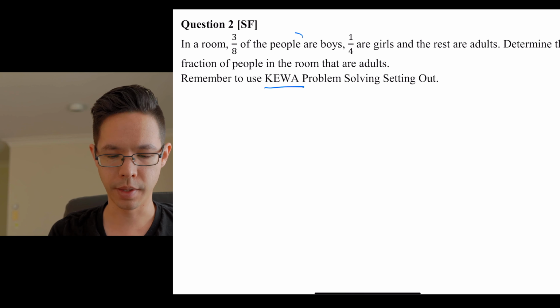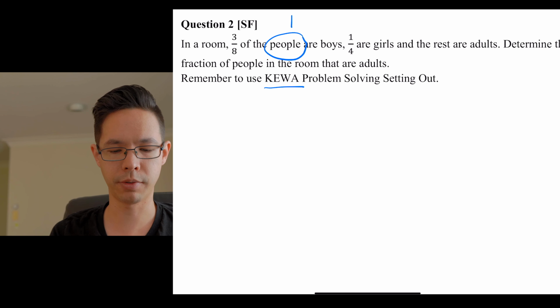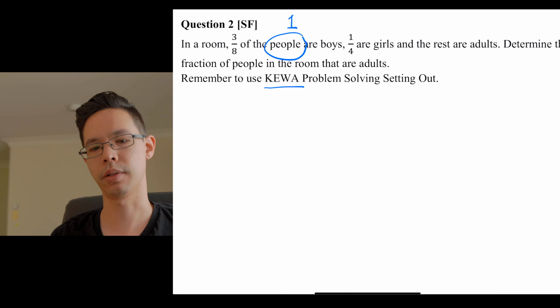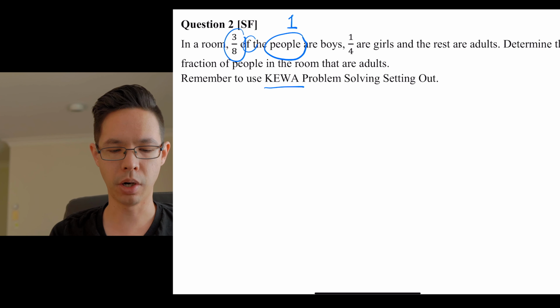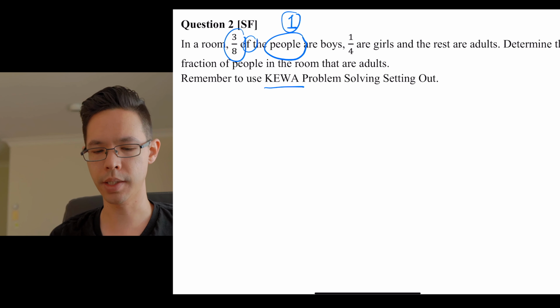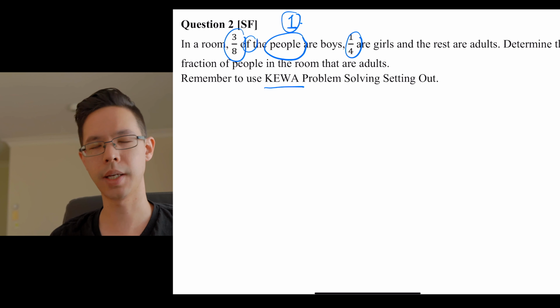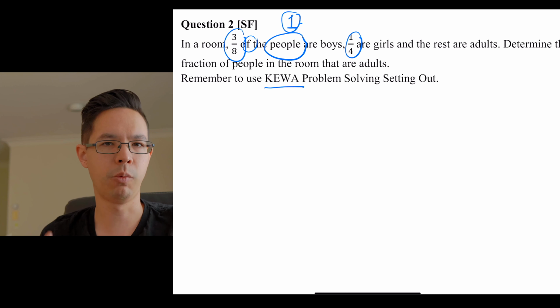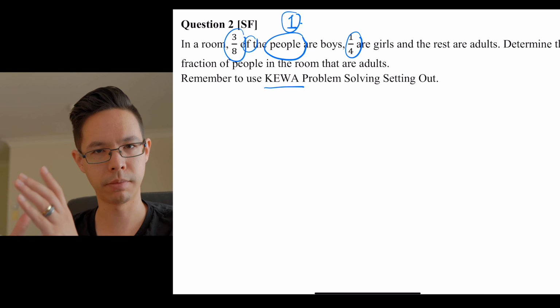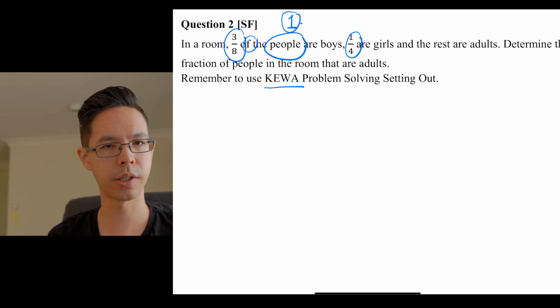So the people would be a value of 1. So 3/8 of 1 are boys, 1/4 of 1 are girls, and therefore the remaining part of that 1, the remainder, would be the adults. That's how this works out.